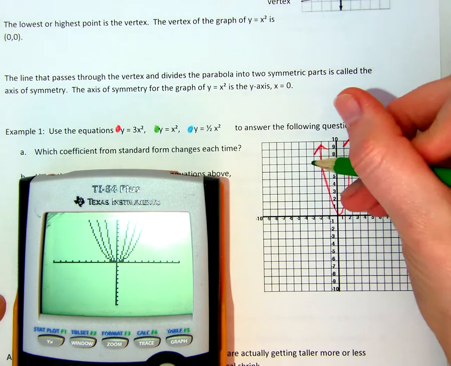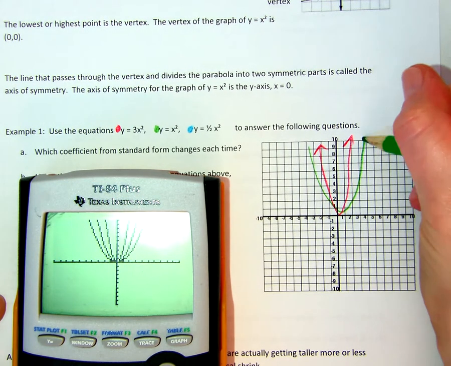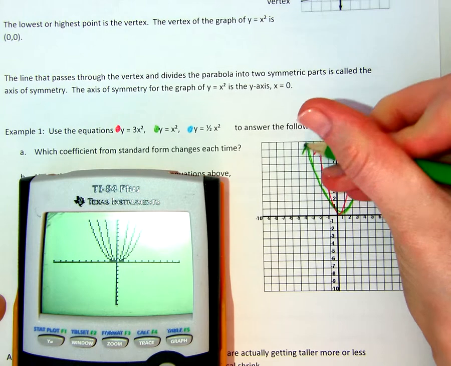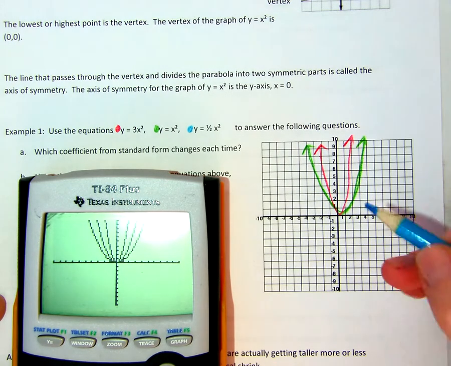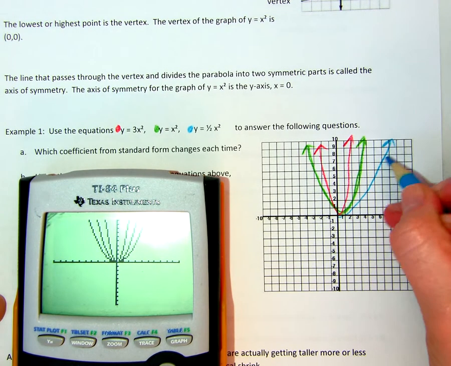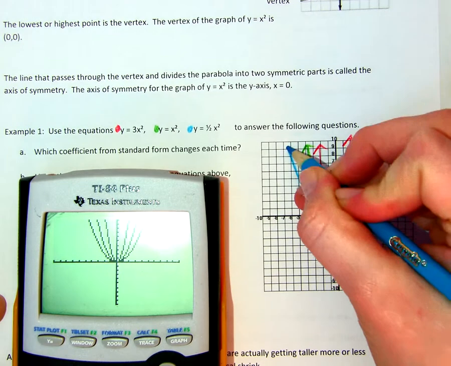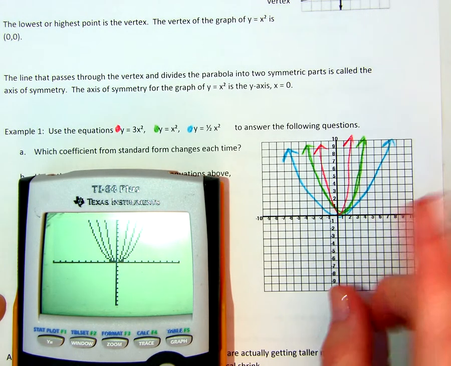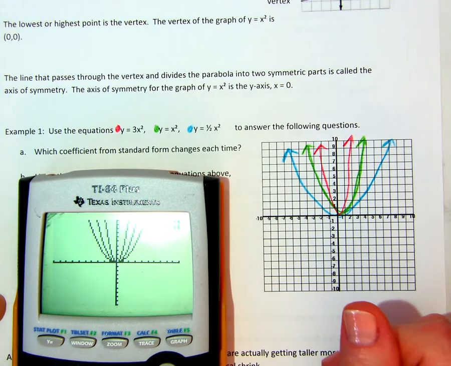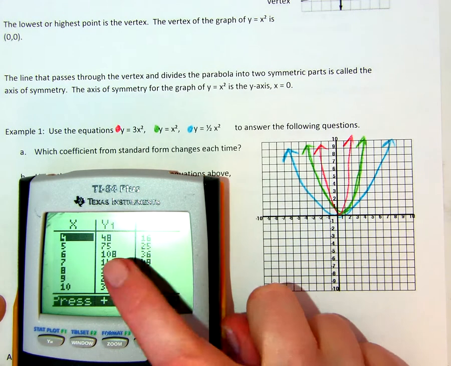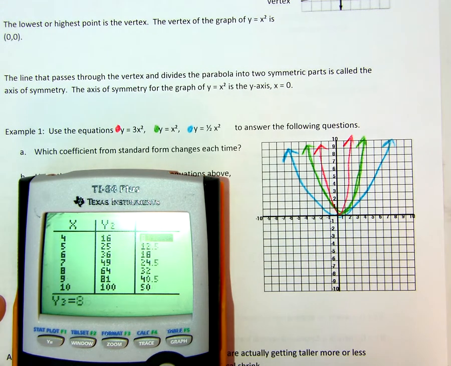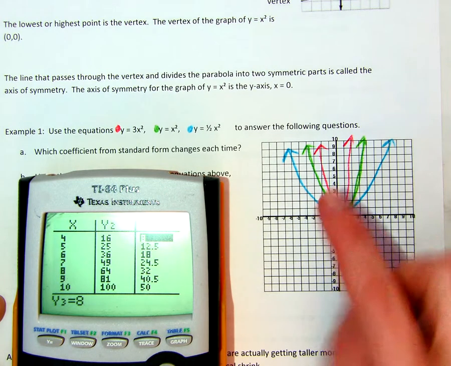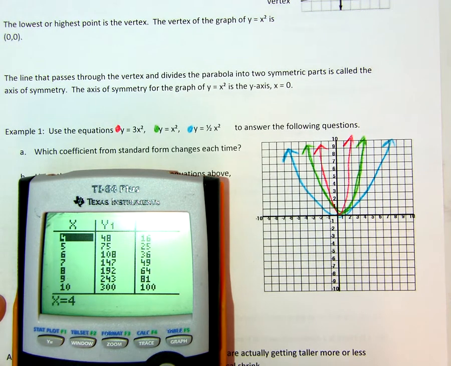I see that x squared was the center one. And then I see that 1/2 x squared was the widest one. If I wanted to graph these precisely, remember, I could go to the table and look up y1, y2, and y3, and I could get specific points to plot on here.